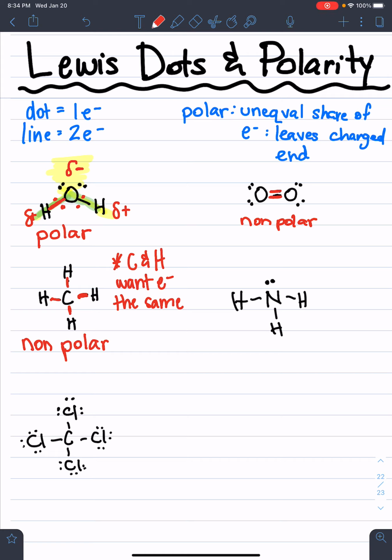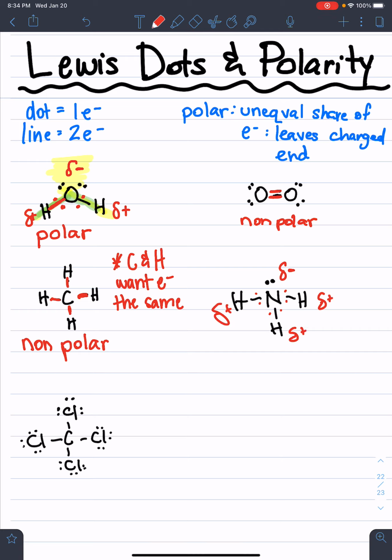So now we're looking at an N with 3 H's around it. In these bonds, the N is going to want electrons more. Alright, so whenever you come to a molecule, think, do any of the elements want electrons more? So since we know that N is going to want the electrons more in these bonds, it's going to hold it a little bit closer to itself than the H. Our N is going to be partially negative, and our H's are going to be partially positive.